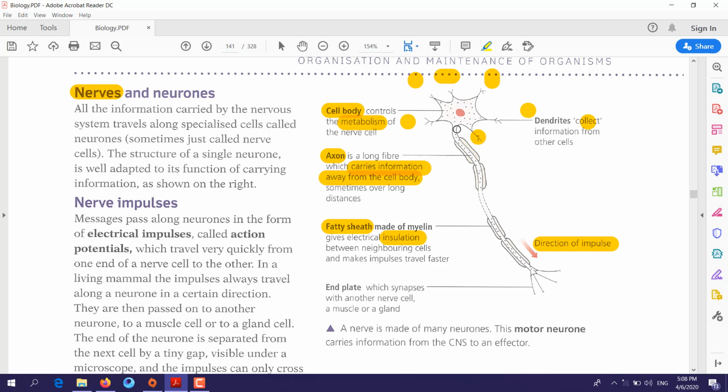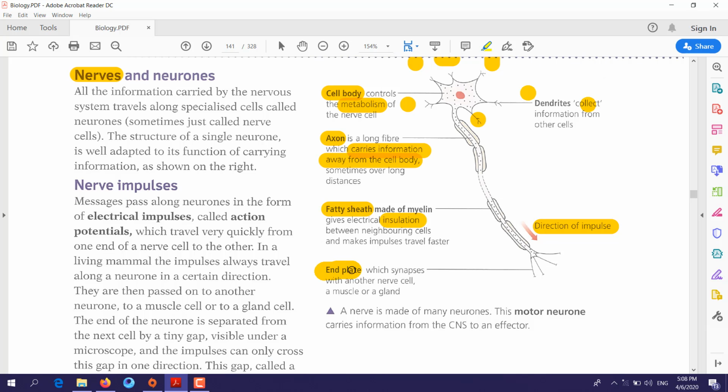The function of wires is to carry electricity. How can we insulate wires, or keep wires from touching each other? By covering them with plastic. But here, instead of plastic, we have the fatty sheath. Its function is to insulate the electrical impulse between neighboring neurons.